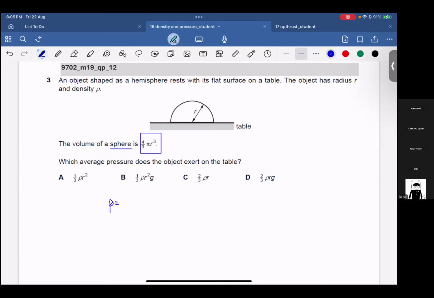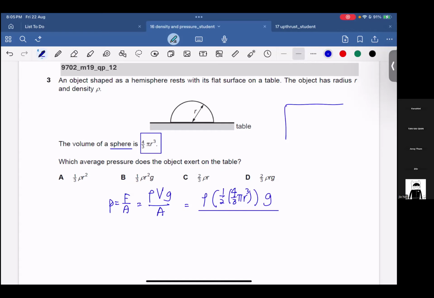Pressure is force divided by area, or here, rho Vg over A. So you have to count the volume: density times the volume. The volume is actually one half, because this is a hemisphere, that means half. So one half times 4/3 pi r cubed, times g, divided by area.